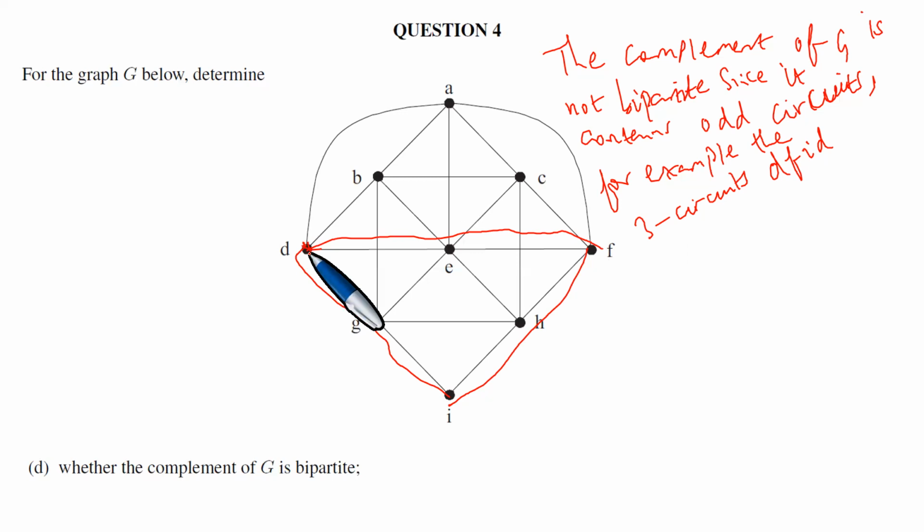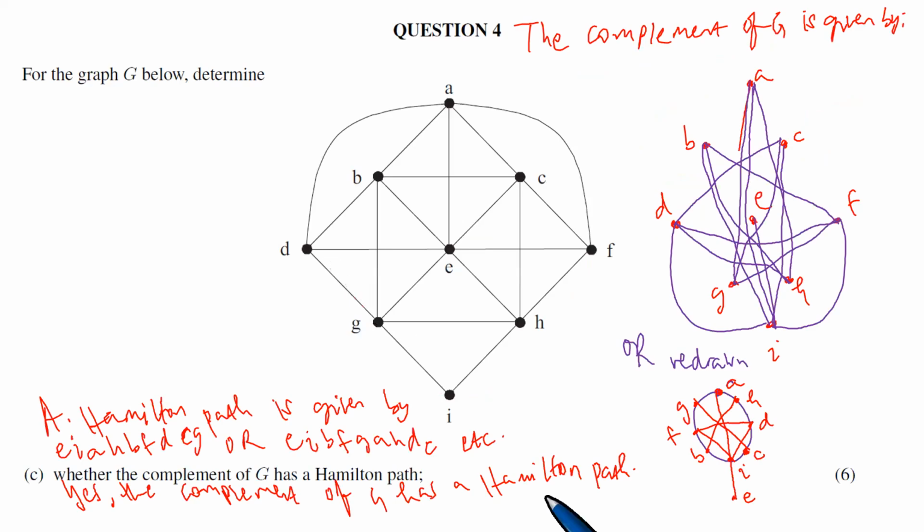We're looking at the complement, of course. Here's the complement. You start from D, you go to F. From F, you go to I. From I, you go back to D. So obviously, it's very clear here.